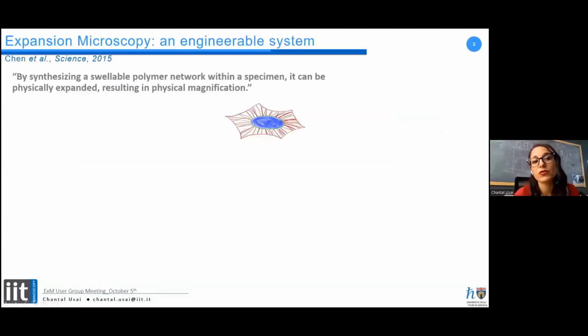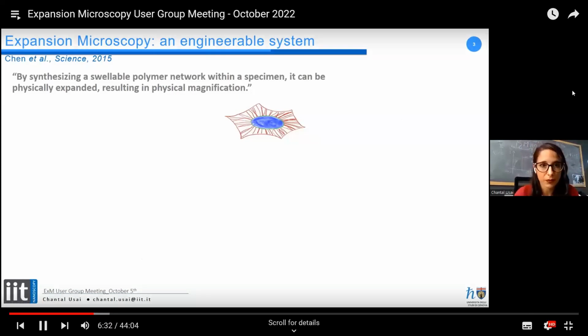But all of these protocols start from the same point, which is the synthesis of a soluble polymer network inside your biological sample, which can then be physically expanded, and this results in a physical magnification of the sample.